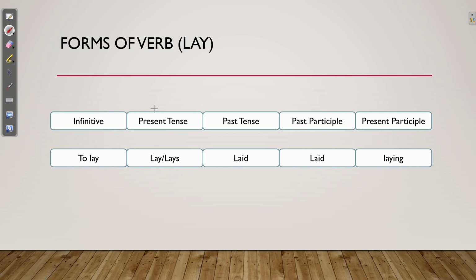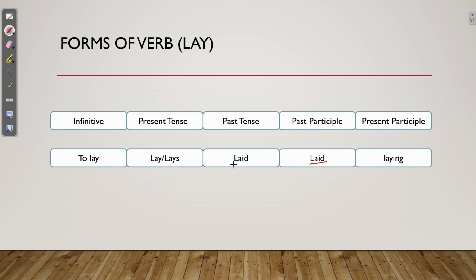Next, the present tense or the present form is lay and lays. So we use either lay or lays depending on the sentence that we have been given. And the second form or the past tense form is laid. Only laid. Alright, not lied. So the past form is laid and the past participle, which is the third form, is also laid.